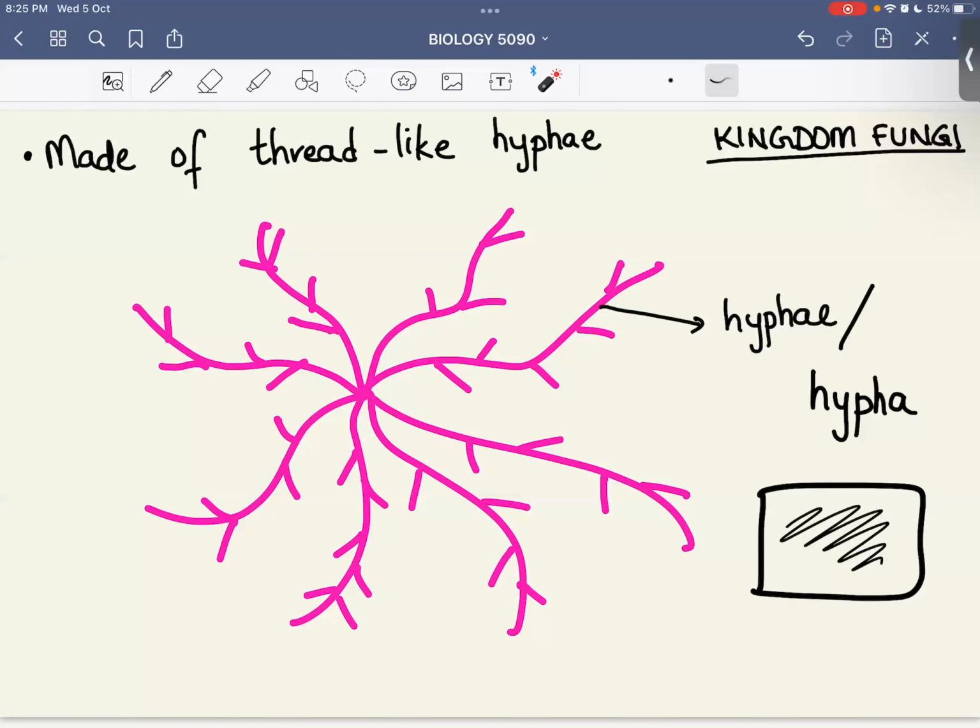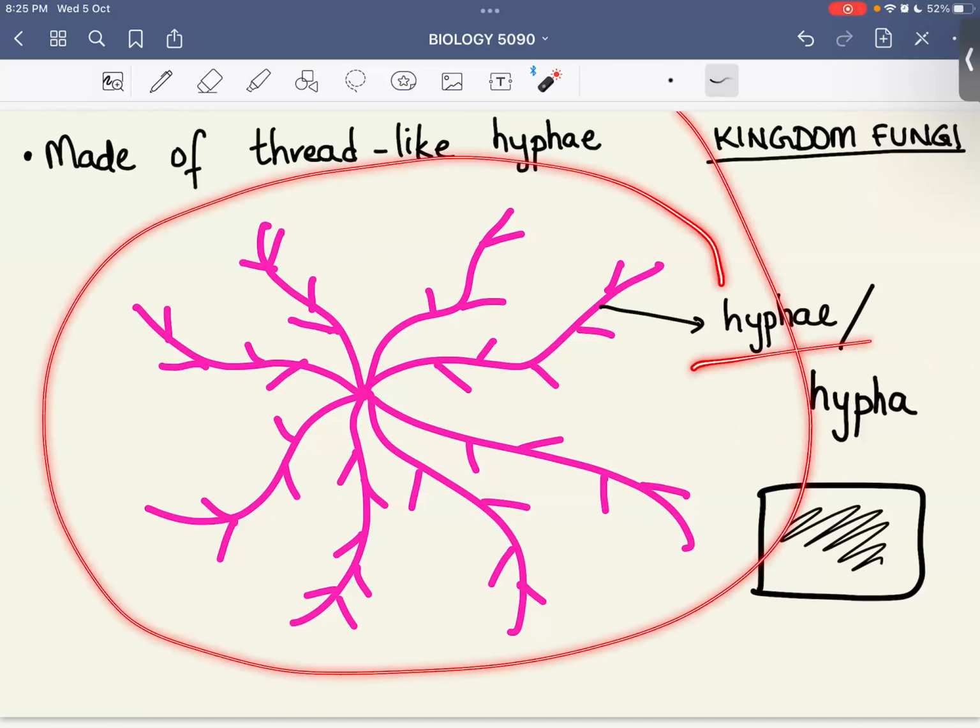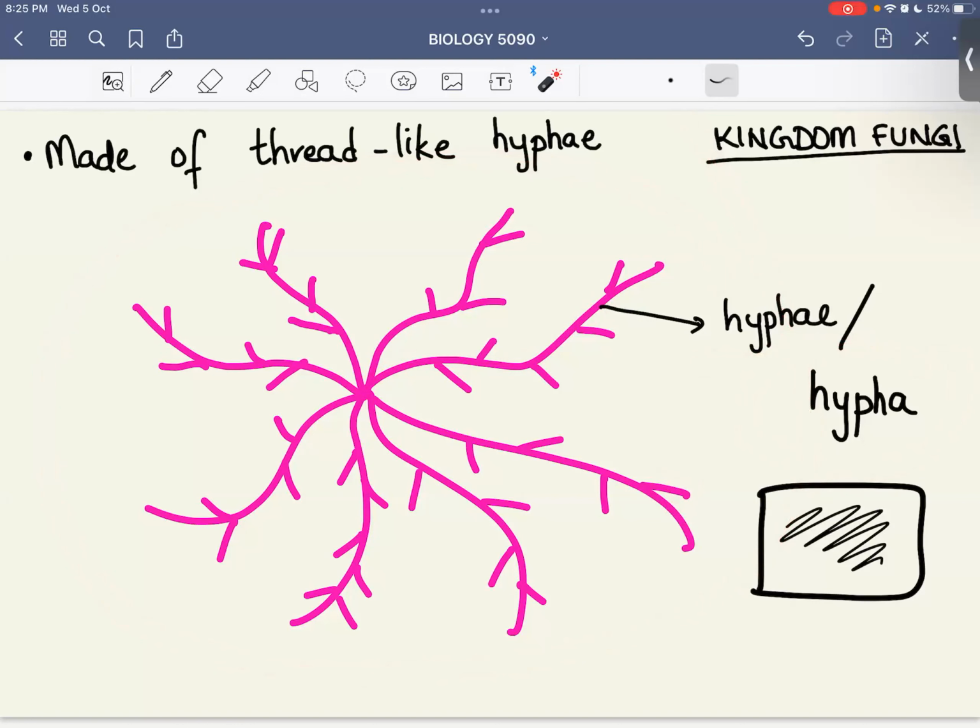Now I have tried to recreate this diagram with my own pen. So this single line is a hypha, and all these together are hyphae. If I take a bread mold and put it on a glass slide and use my magnifying lens, I will see this branching network.